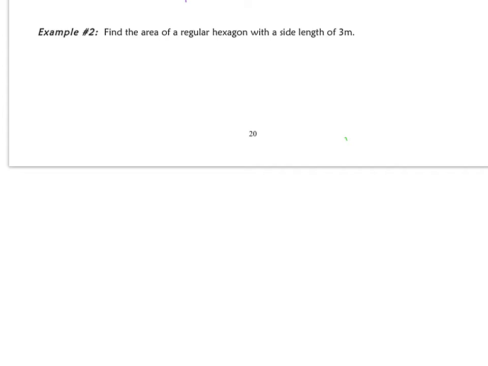So I'm going to go ahead and try to draw a hexagon as best as I can, and not great. Now they told me it has a side length of 3 meters, so I know each side, because this is regular, has a measure of 3 meters.